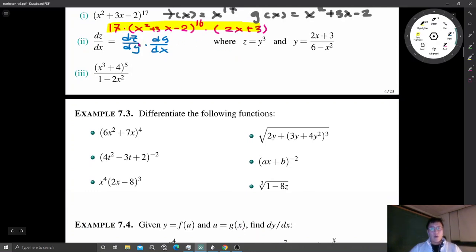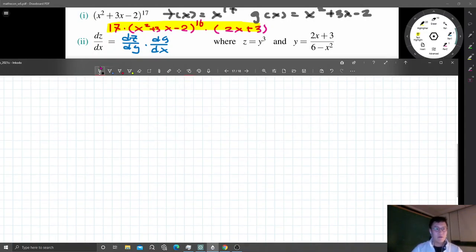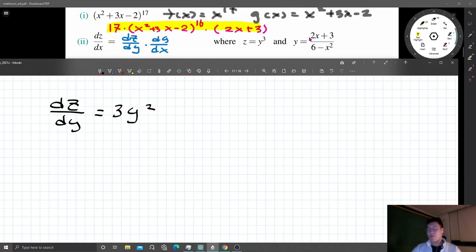So dz over dy, the derivative of z with respect to y, that is easy, just 3y squared. Let me open a separate note. dz over dy is 3y squared. And then the second term, dy over dx. Now y is given by a division between two functions, so we have to adopt the quotient rule to find dy over dx.